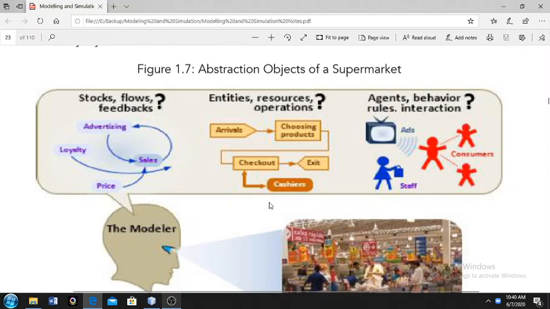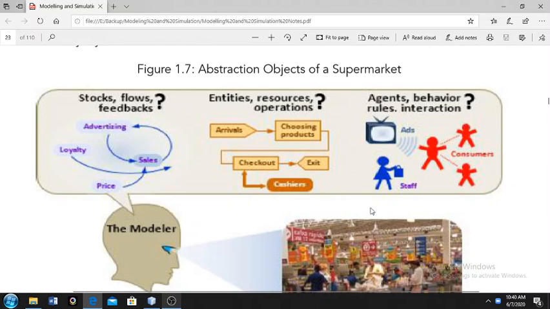When we do discrete event modeling, we are going to use flowcharts. And when we learn agent-based modeling, we are going to try to understand the different types of agents and how they can behave.